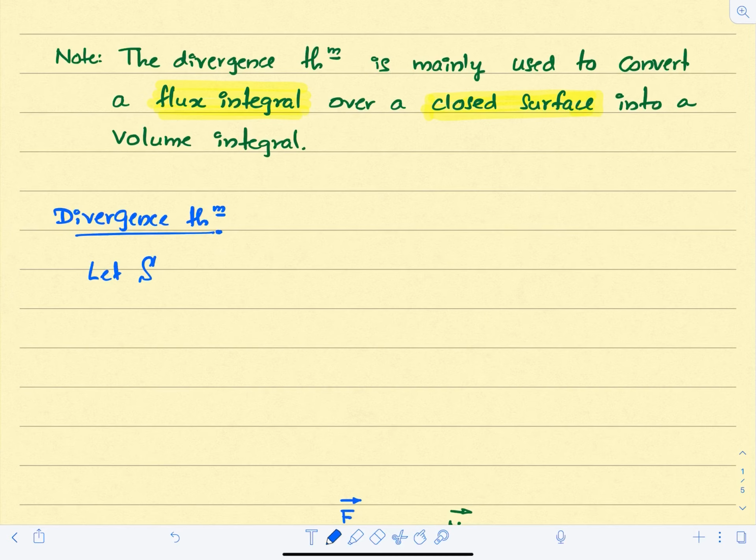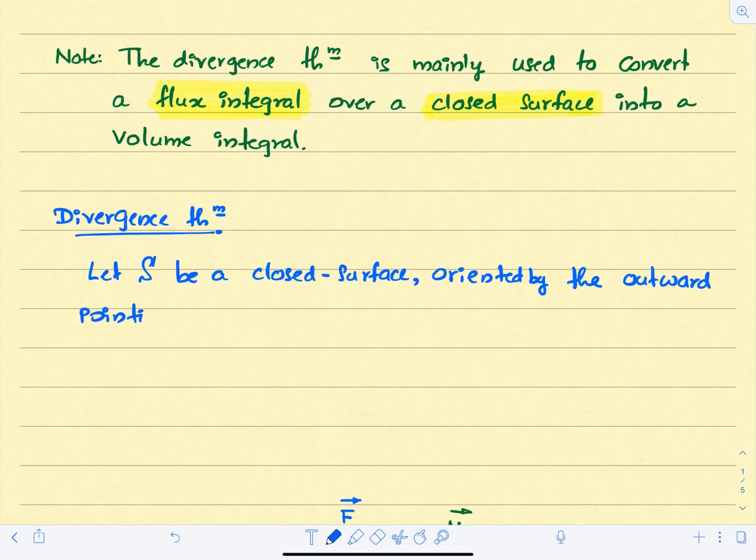Let S be a closed surface, oriented by the outward pointing normal to the three-dimensional region E.